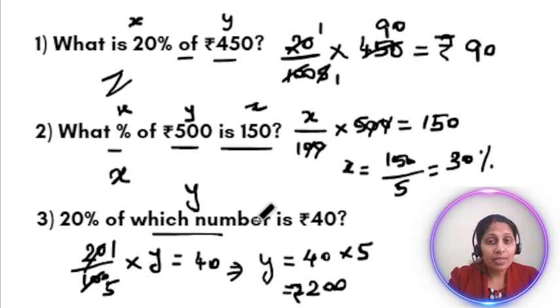The percentage symbol will be replaced by 1 by 100, and "equal to" or "is" will be replaced by equal to. Y always follows your "of" and Z always follows your "is", "equal to" and "gives". So these are the words that Z follows. I hope you're clear with the very basic problem of percentage. Now let's go a little deeper.